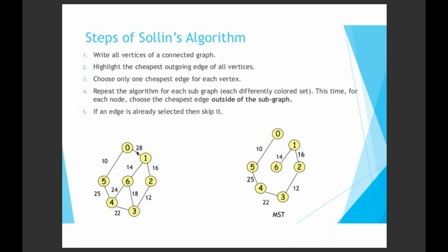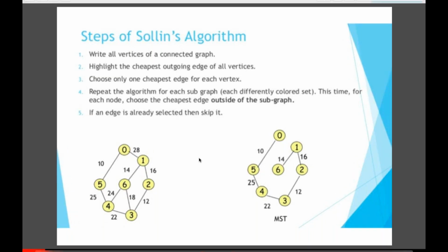That should be our very first approach. Thereafter, we will choose the cheapest edge for each vertex and keep on repeating this algorithm for each subgraph. And let me give you one small approach on the same algorithm here. A small write-up which I'm going to give you.